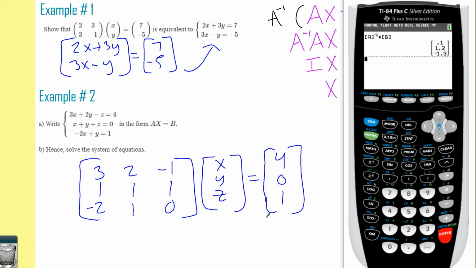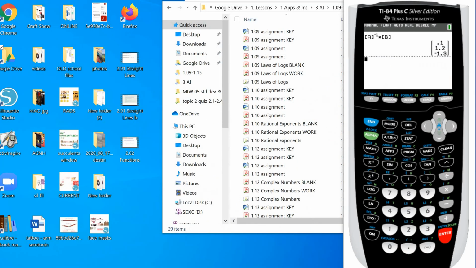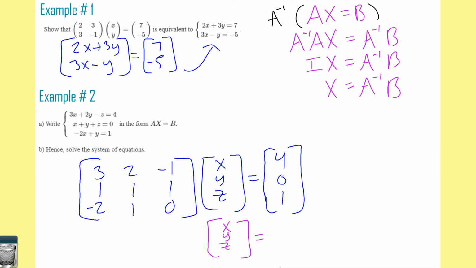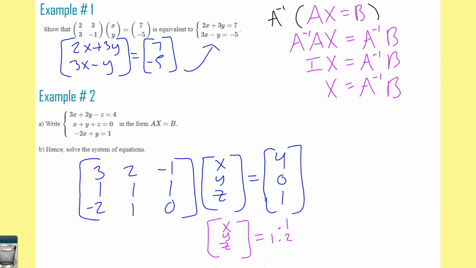So our X matrix, so this X, Y, Z, we just solved it and got 0.1, 1.2, and negative 1.3.